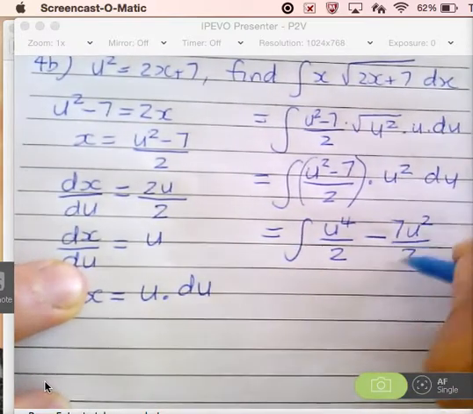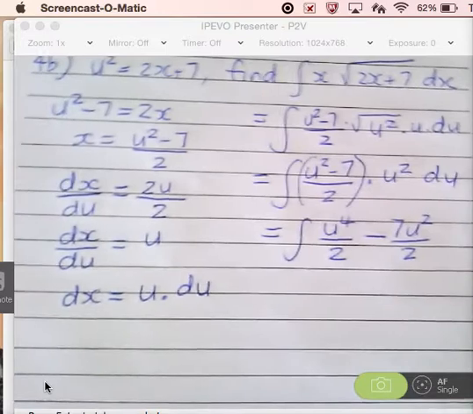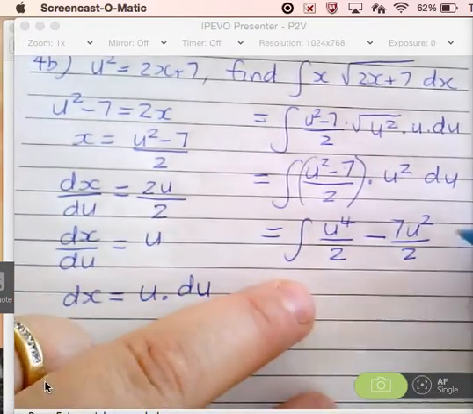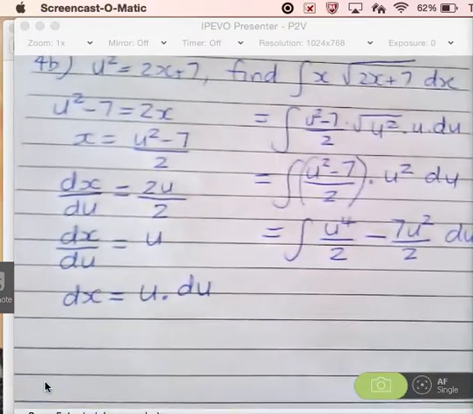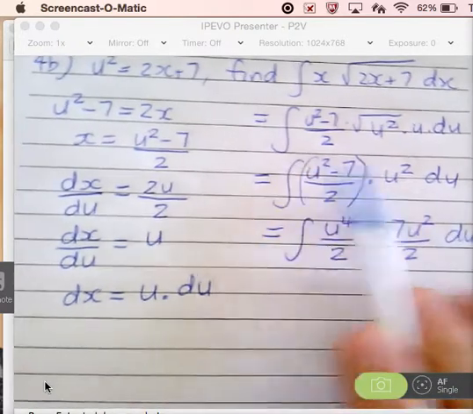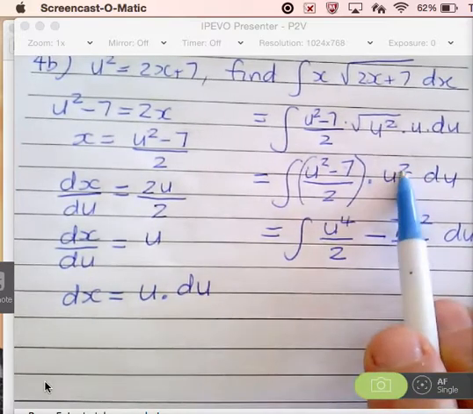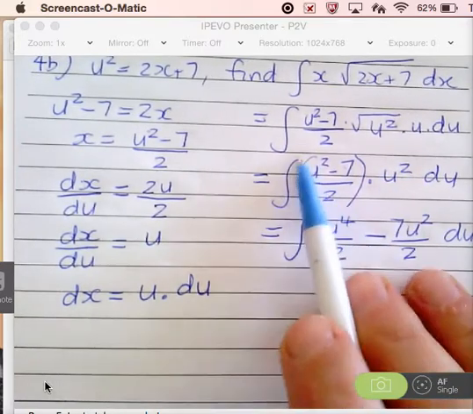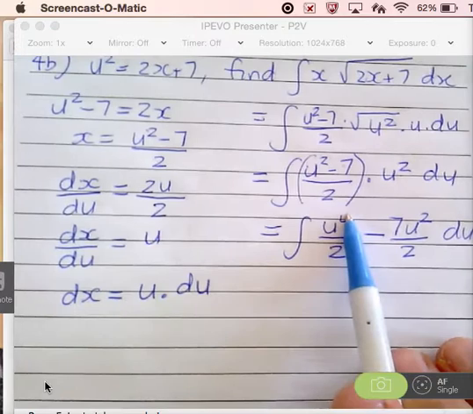Look, I could have just taken that 2 out to the front, but I think I'm going to keep it here. Otherwise, if I put the half out the front, you may not times the second one by the half. So, girls, u4 on 2 minus 7u squared on 2. They're both over 2. I could break them up first.